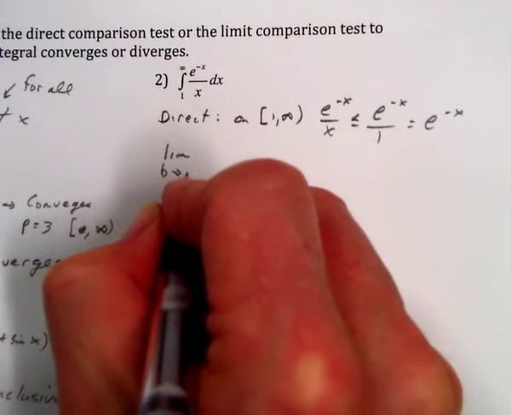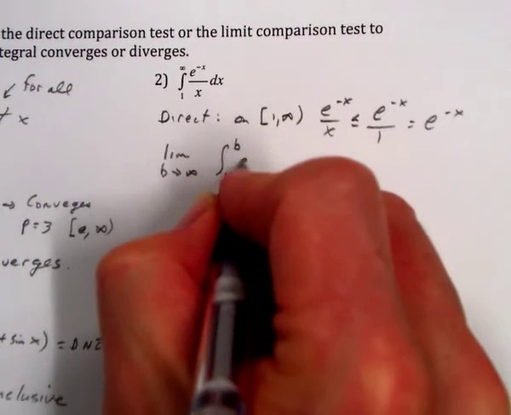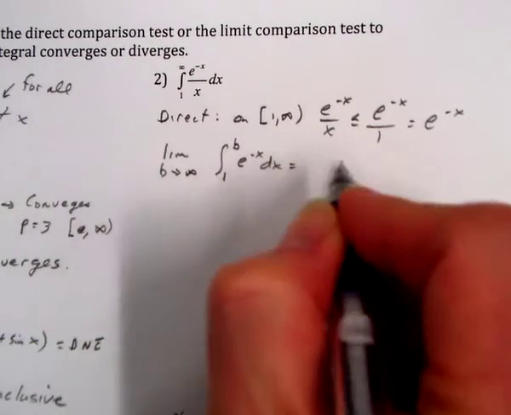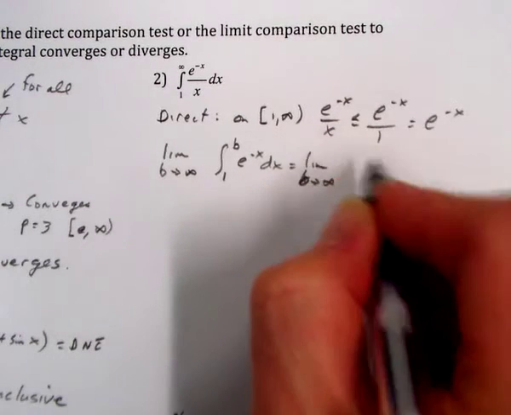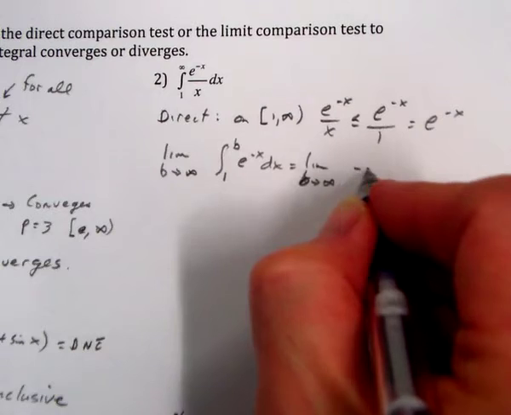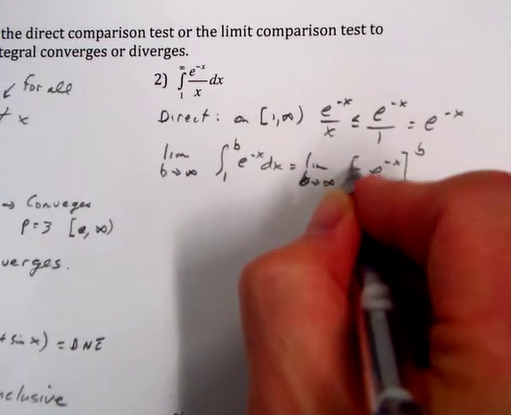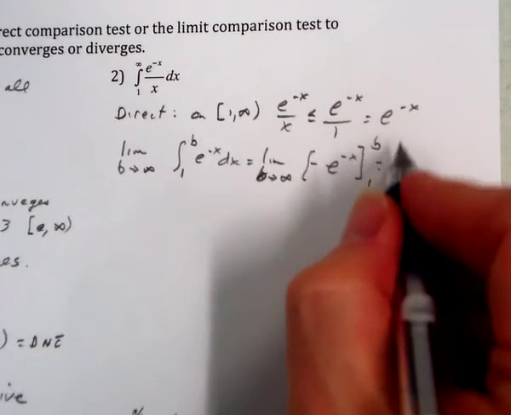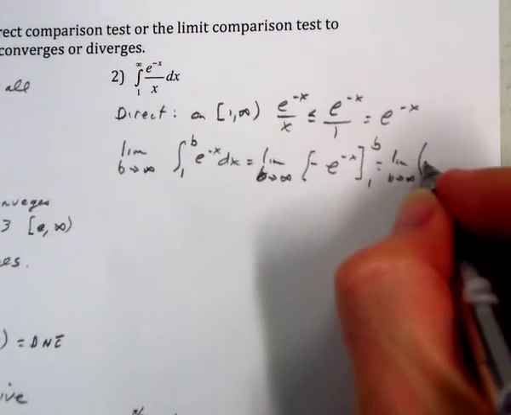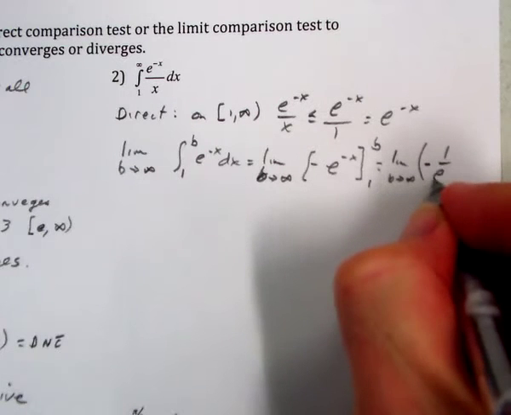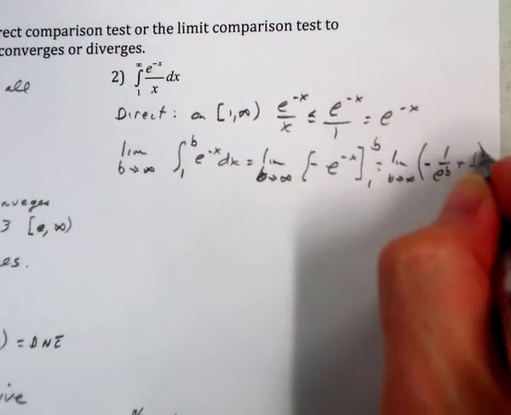The limit as b goes to infinity of the integral from 1 to b of e to the negative x dx. Find the antiderivative. That would be negative e to the negative x, evaluated from 1 to b, with the limit as b goes to infinity. Negative 1 over e to the b plus 1 over e.